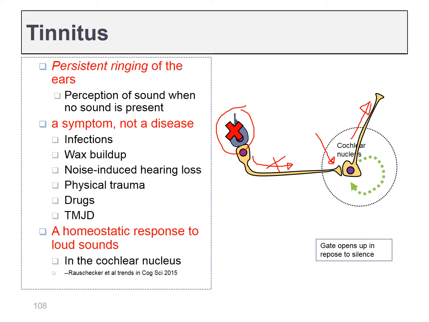The solution for this? Well, unfortunately, these hair cells don't regenerate. But if those hair cells were just damaged, then the solution is to prevent them from being overstimulated and give them a chance to heal.